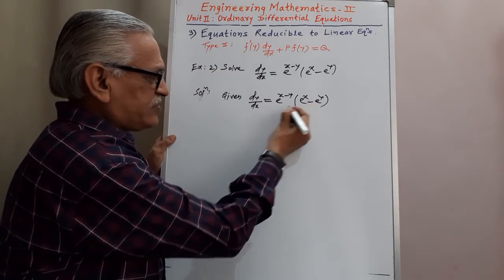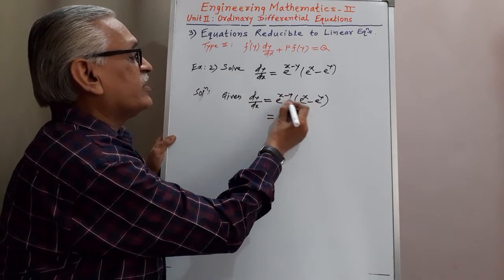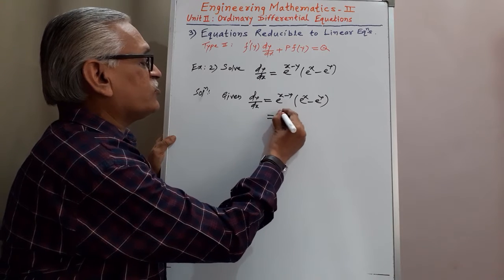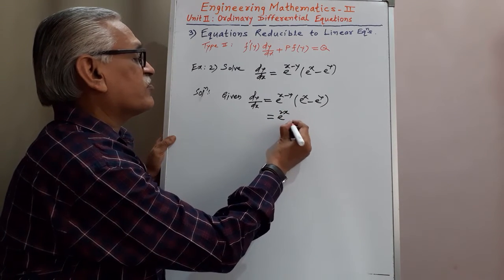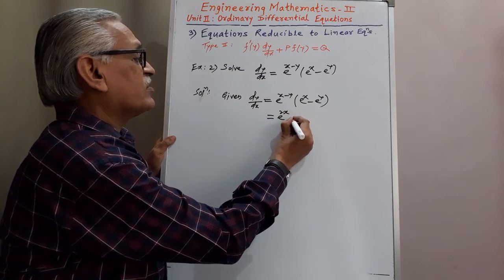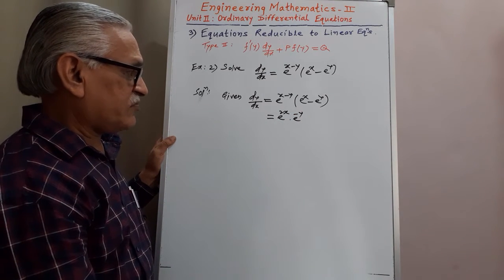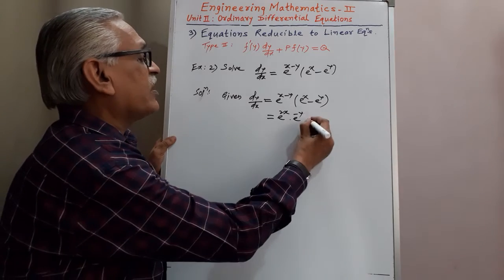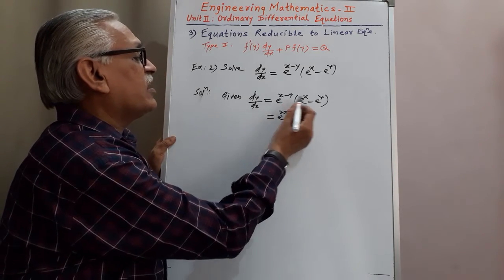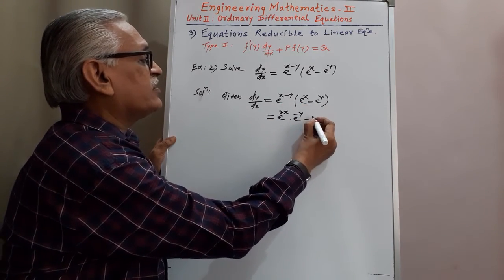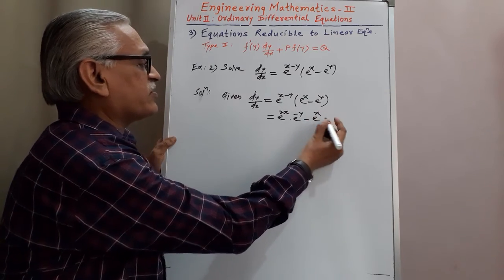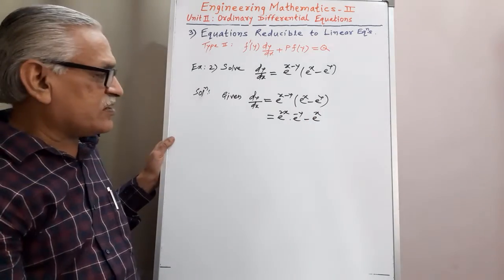Rewriting it, multiplying it inside, we get e raised to x into e raised to x, which gives e raised to 2x into e raised to minus y, and minus, adding this, we get e raised to x. Minus y plus y gets cancelled.